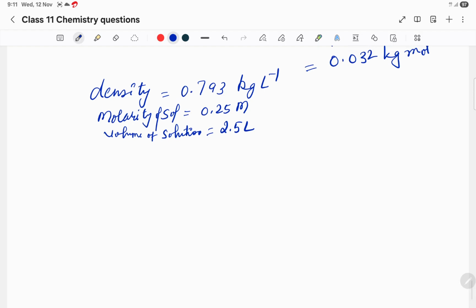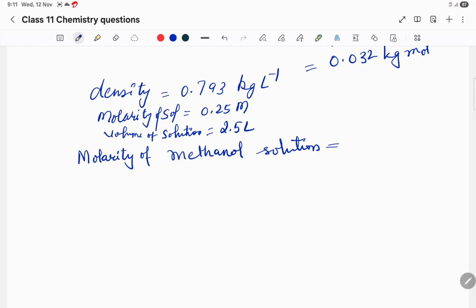Keeping these things in mind, we should calculate the molarity of methanol solution. Okay, so molarity of methanol solution, I'm really sorry, I'm writing it wrong. It's going to be methanol solution, right?